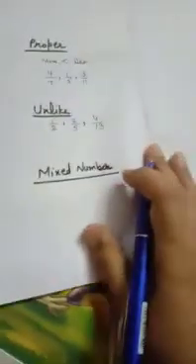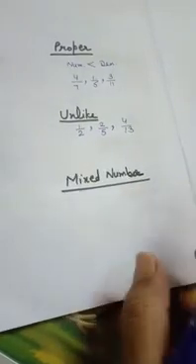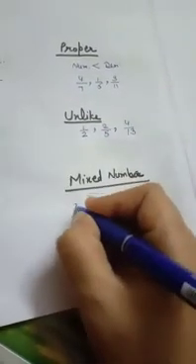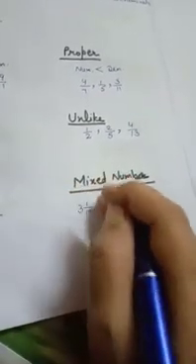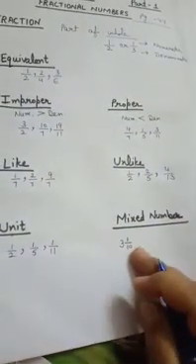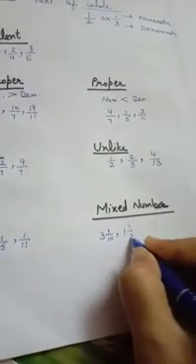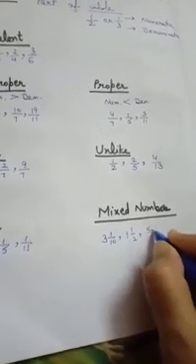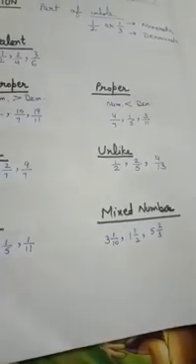Next we have mixed numbers. A mixed number is a combination of a whole number and a proper fraction. An improper fraction can be written as a mixed number. 3 1/10, 1 1/2, 5 2/3: all these are examples of mixed numbers.